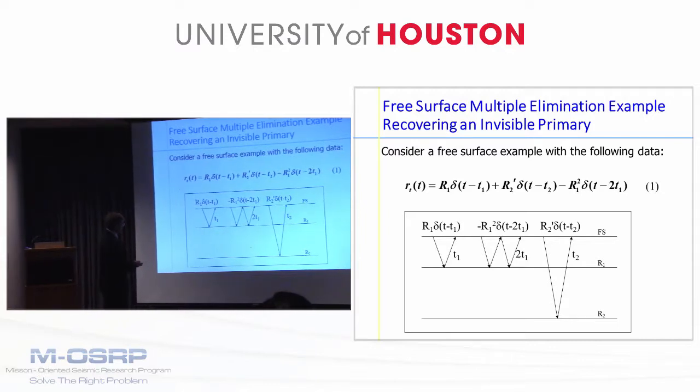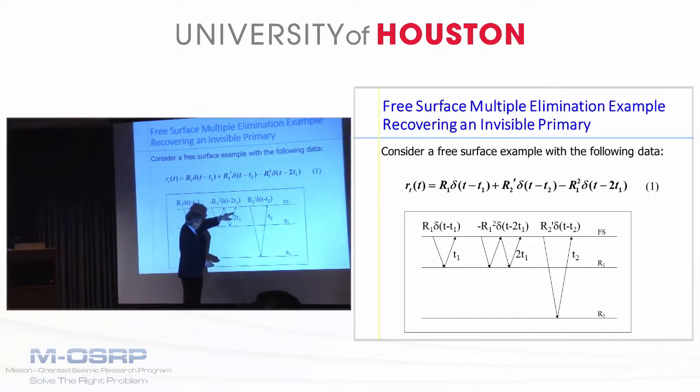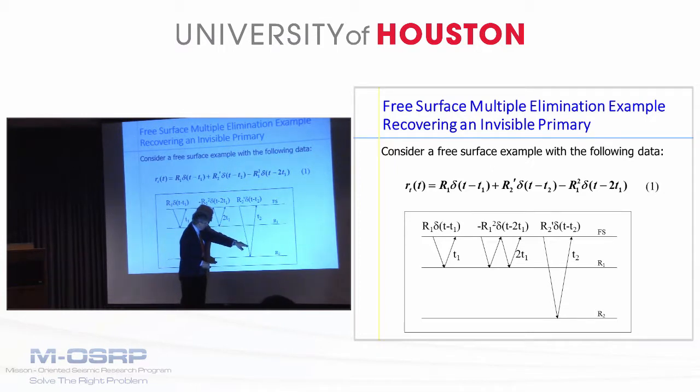So what this shows you is, let's make data where the multiple is invisible, yes? Here's a primary, here's a free surface multiple, here's a deeper primary. You can make these two cancel, yes?